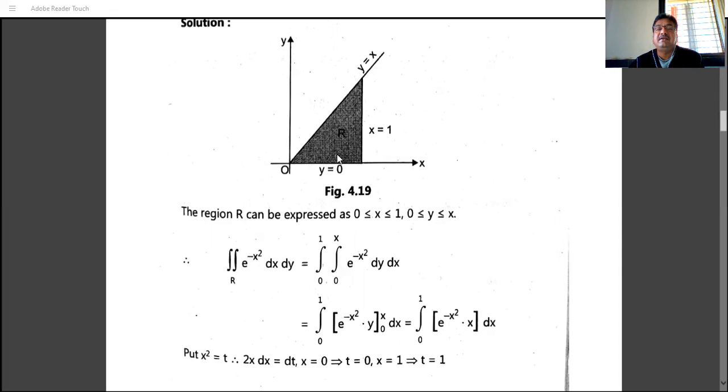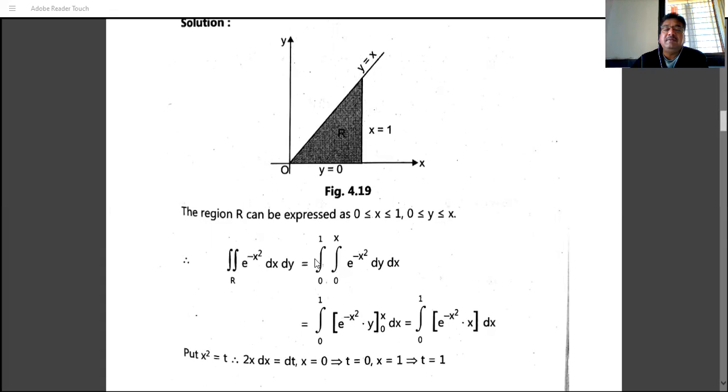Draw the strip parallel to the y-axis, and then the limit is on y first, and then the limit on x. So what are the limits on y? One end of that strip touches the line y is equal to 0, and therefore y is equal to 0 is its lower limit, and the other end of the strip touches the line y is equal to x, and therefore y is equal to x is the upper limit.